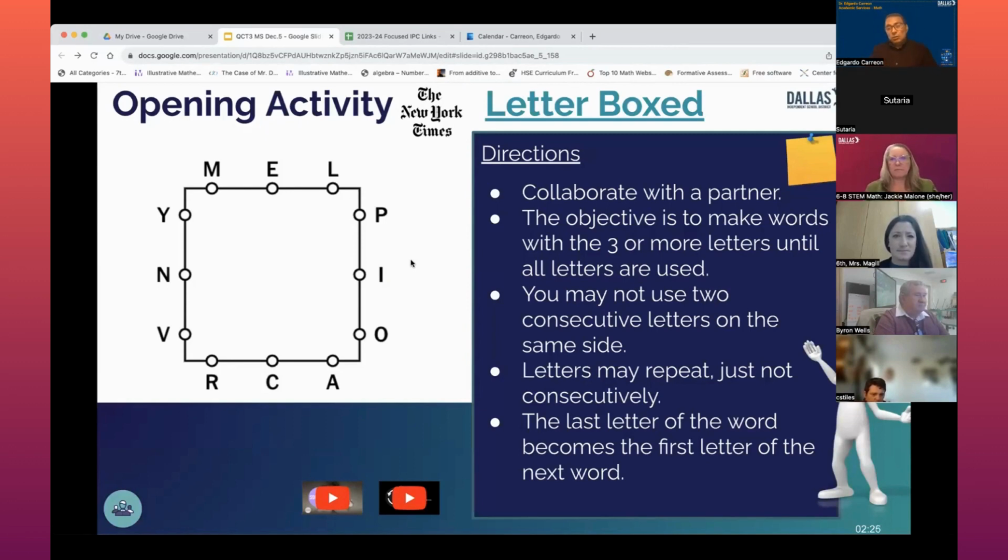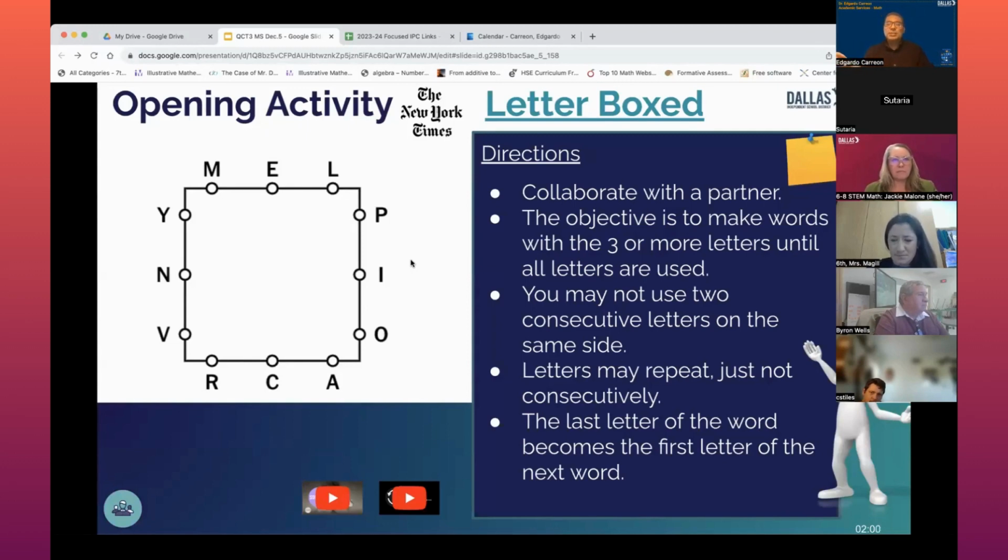You can do it on your own, or you can collaborate with someone else in the group. The objective is to make words of 3 or more letters. So the moment that you end up using all of the letters on this square, then you can stop and count how many words you were able to make.